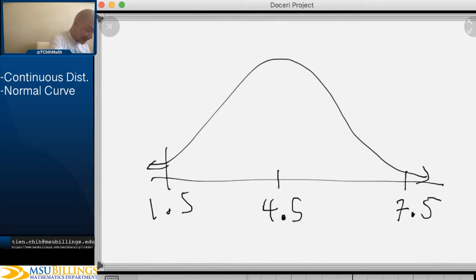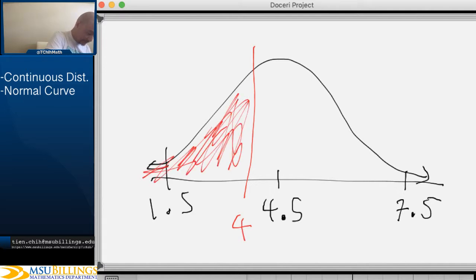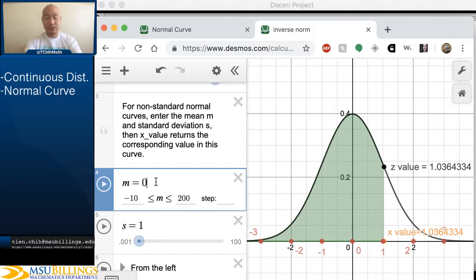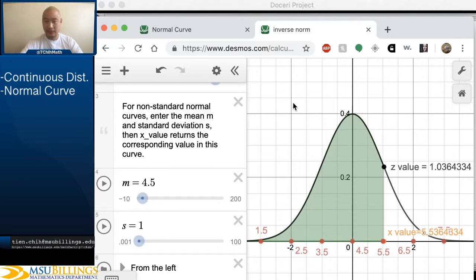What we're looking at then is, before 4 hours means, here's 4, all that, right? First we should note that we're no longer on the standard normal curve. We're now on a curve where the mean is 4.5 and the standard deviation is 1.